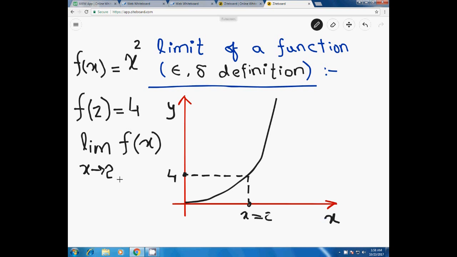Note that we will have to check the behavior of the function as we come close to x is equal to 2, but we will not come exactly at x is equal to 2. We will have to stay very close to it. Let us come close to x is equal to 2 from the right hand side.